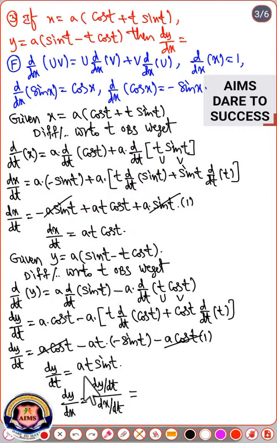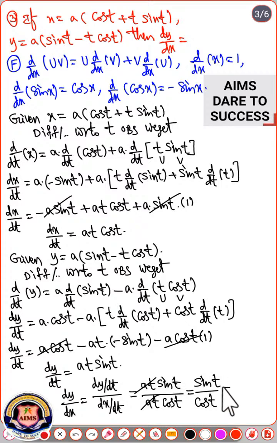So dy by dx value is a t sin t whole divided by dx by dt, which is a t cos t. My dears, a cancelled, t cancelled, the remaining value is sin t by cos t. Sin t by cos t is tan t.